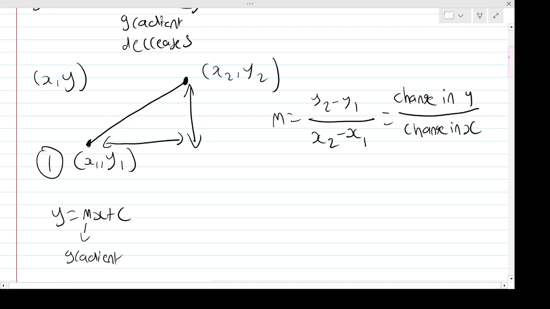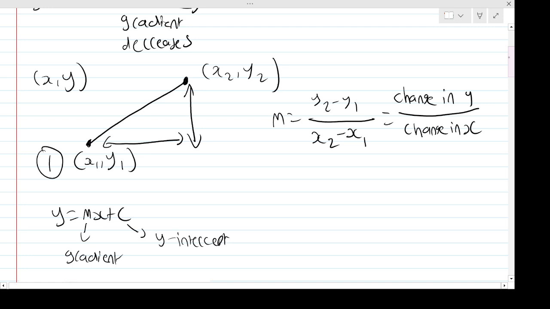Again, given 2 points, we can calculate the gradient by doing the change in y over change in x. And c is the y-intercept. So we could look on a graph where it crosses the y-axis, so we can work it out that way. Once we've worked out those two ingredients, we then get this form of a line here, okay? There we are.